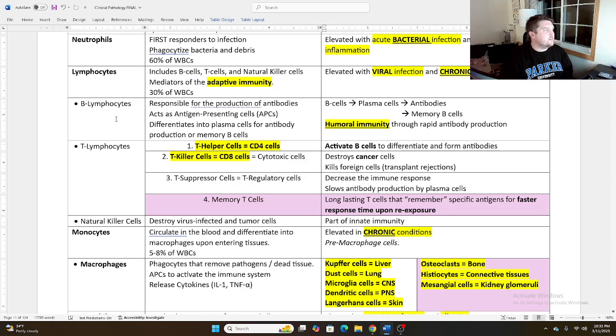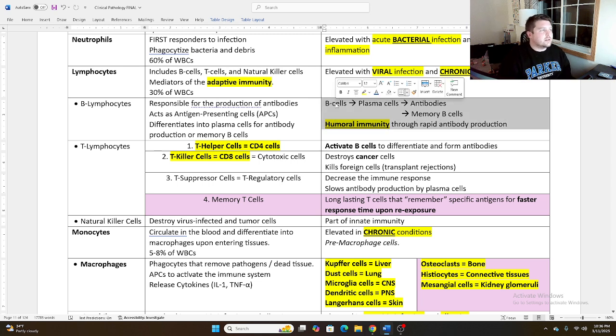There's three main types of lymphocytes. We have B lymphocytes. The B stands for bones. T lymphocytes. The T stands for the thymus. And then we have natural killer cells. B lymphocytes are part of our humoral immunity. Humoral means blood, so it's part of our blood immunity.